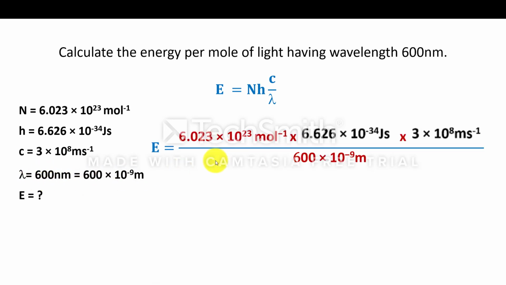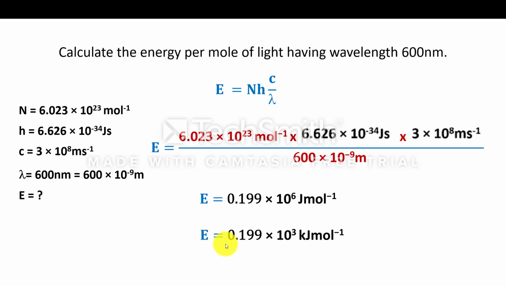On substituting all these values and on calculation, E will be equal to 0.199 into 10 to the power of 6 joule per mole, or it can be expressed as 0.199 into 10 to the power of 3 kilojoules per mole.